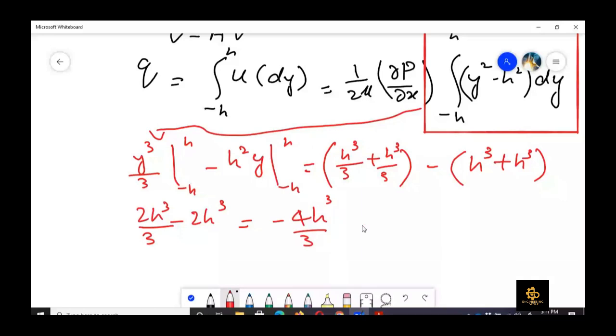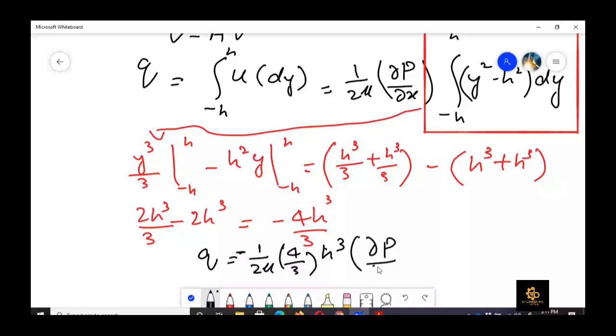So now we need to put it here. If we put this, Q would be equal to 1 upon 2 mu into 4 by 3 h cube, and it should be minus here, and then partial p by partial x.